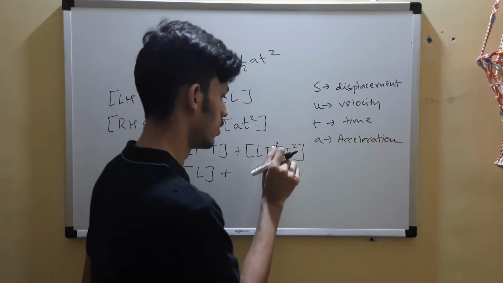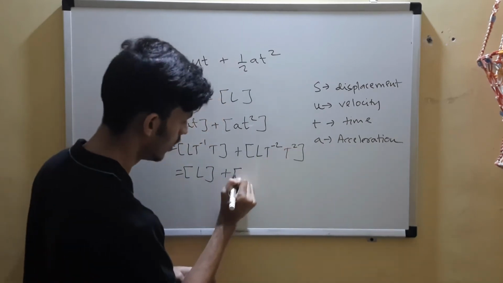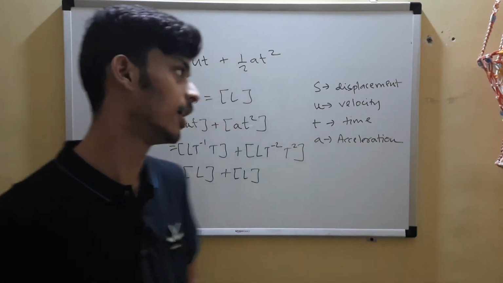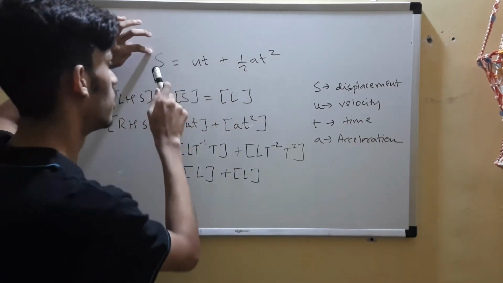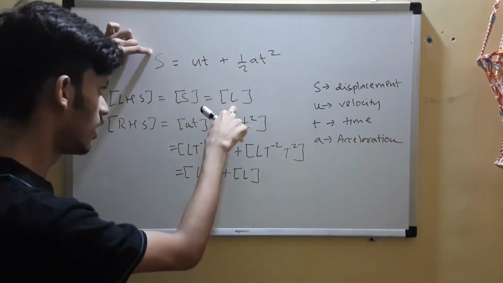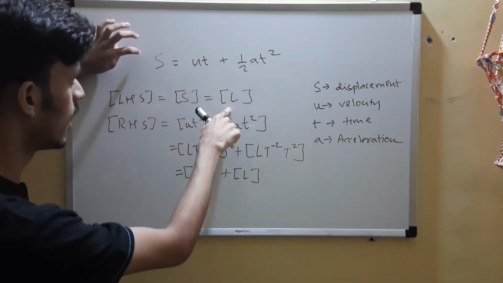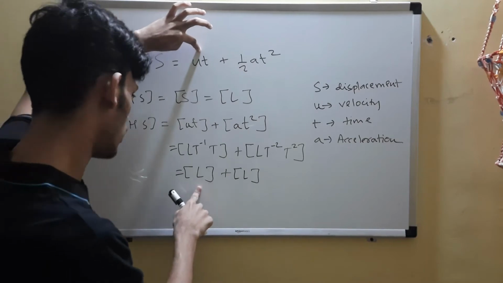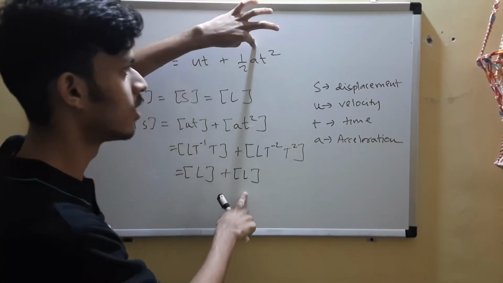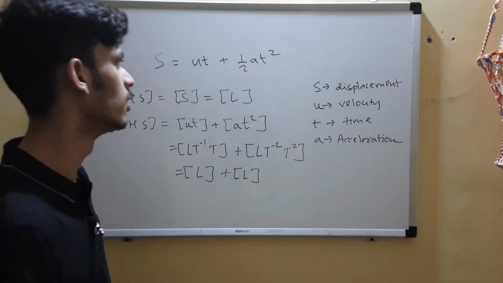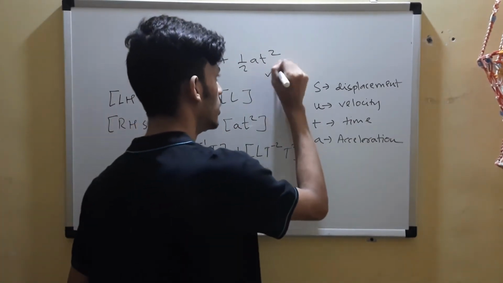And now here also minus 2 plus 2, L. So now you can either go by the principle of homogeneity way, which says the dimensions of s, which is L, the dimensions on the left hand side of this term is L, of this term it's also L, and of this term is also L. The principle of homogeneity holds. Conclude that the equation is dimensionally consistent.